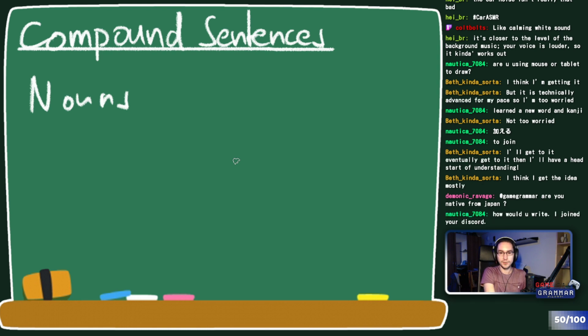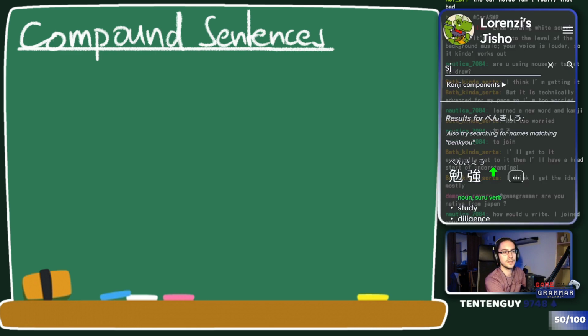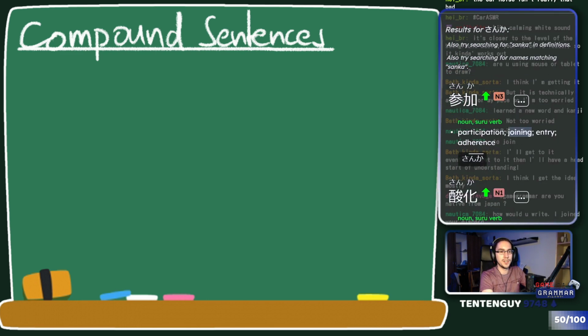How would you write, I joined your Discord? Usually you would say something like Discord に参加しました. You have this word 参加する. 参加 means participation, joining.